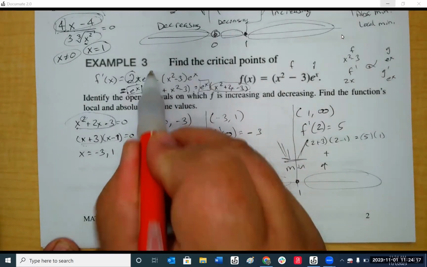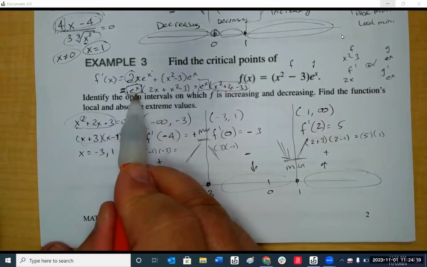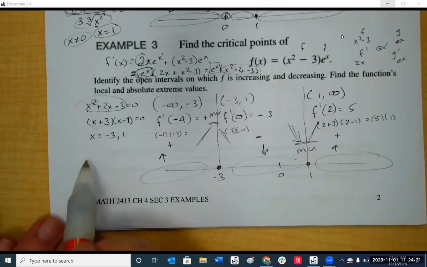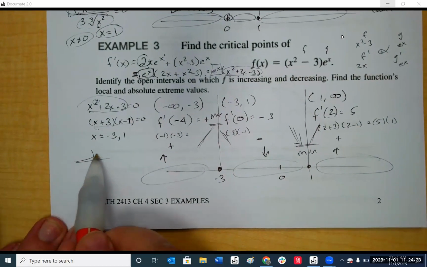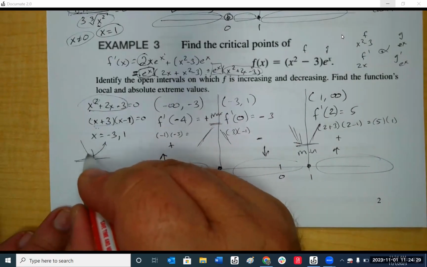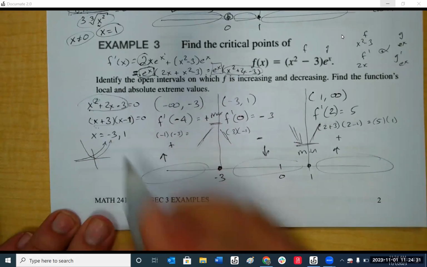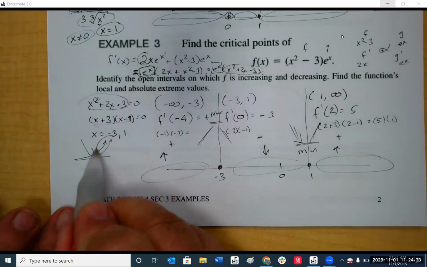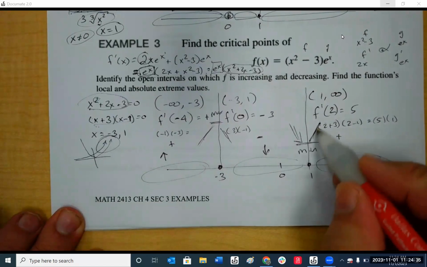But because of the e to the x, remember, how does the e to the x look? It's an increasing function. So the quadratic looks like this, and we know the right-hand side will keep on going up forever.